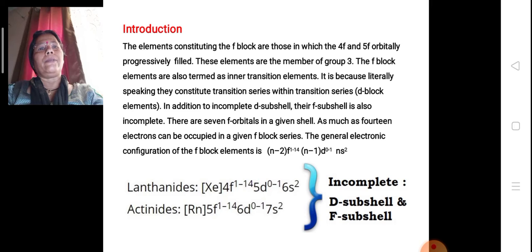For the lanthanide series, it is xenon, the neutral element, 4f1 to 14, 5d0 to 1 and 6s2, which is the general electronic configuration. And the actinide series has radon, 5f1 to 14, 6d0 to 1 and 7s2. So this is the incomplete d subshell as well as the f subshell.